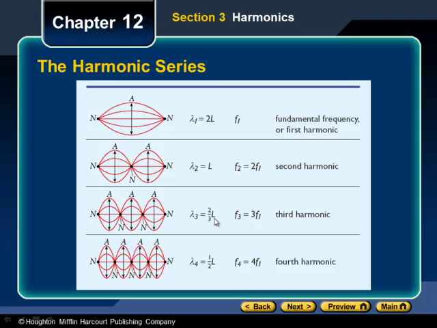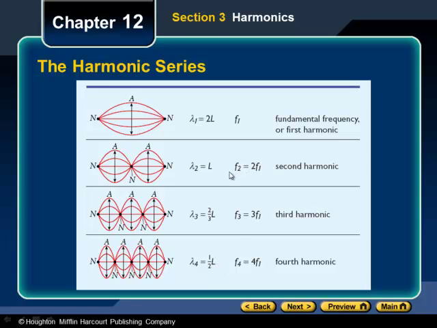Here it's L, 2/3 L, 1/2 L. So it comes out to be 2L over n is the general formula. So here 2L over 2 gives you just L. 2L over 3 gives you 2/3 L, and so on.